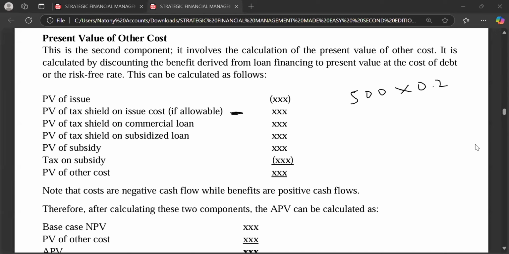That will give you the tax benefits. So if your tax rate is 40%, 0.4 times the issue cost will give you the tax benefits. That's if it is tax allowable.